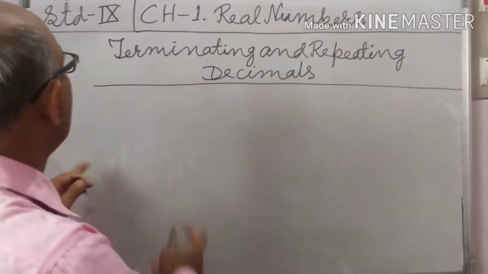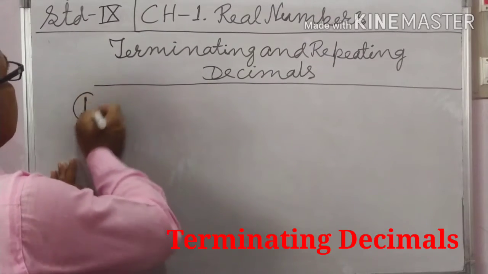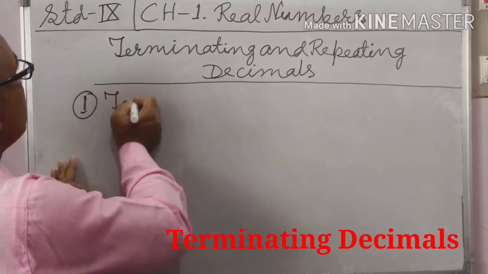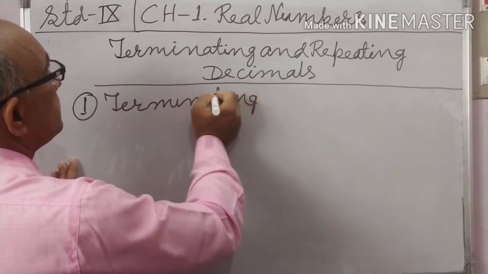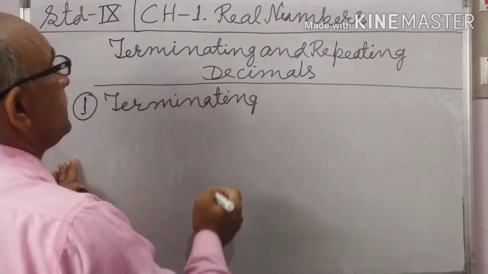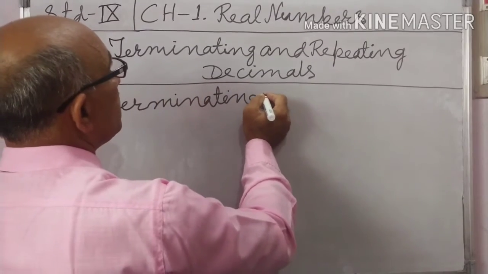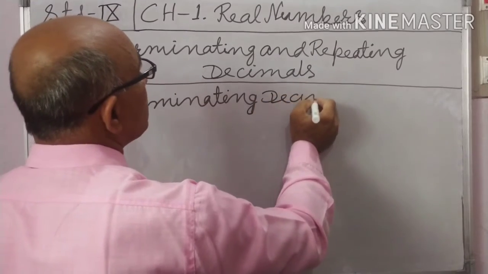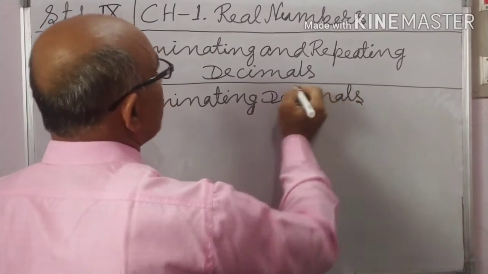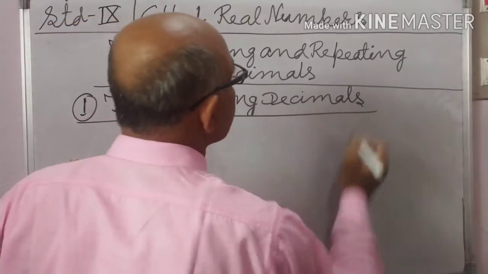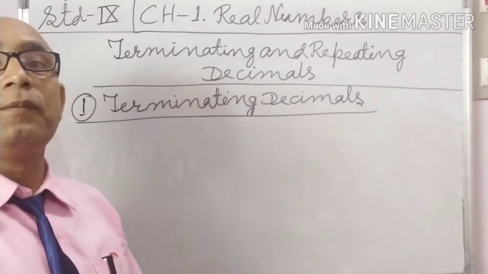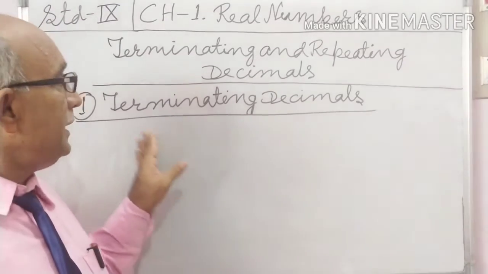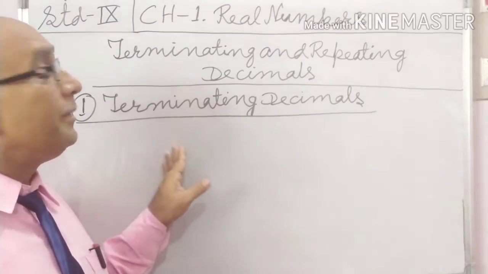So first of all, terminating decimals. A rational number in the form of p by q is expressed in terminating decimal form.